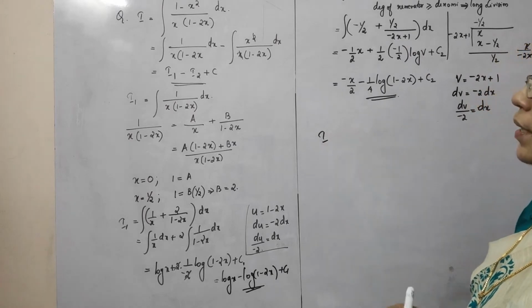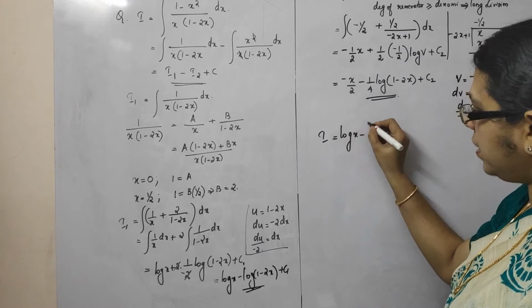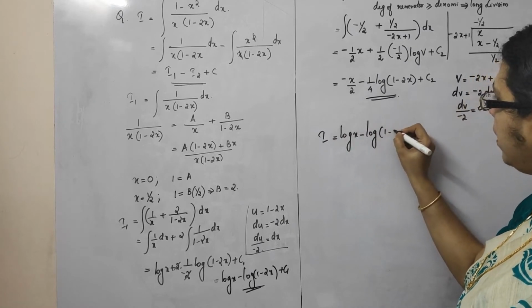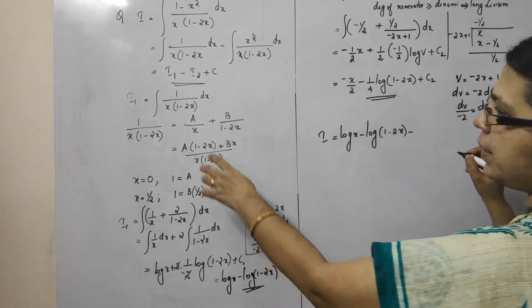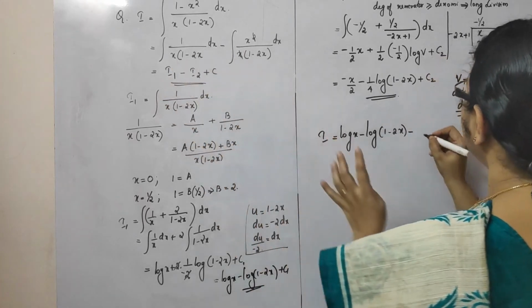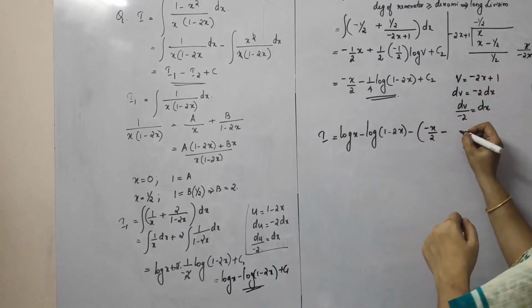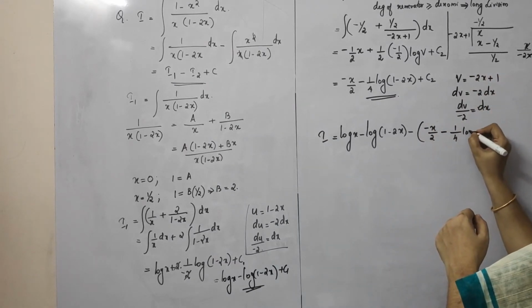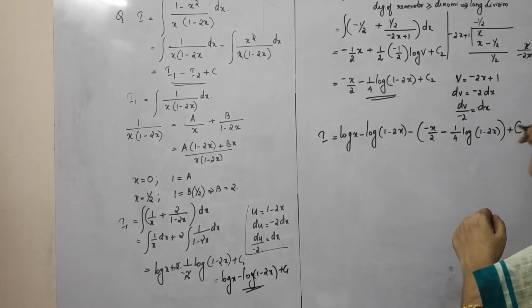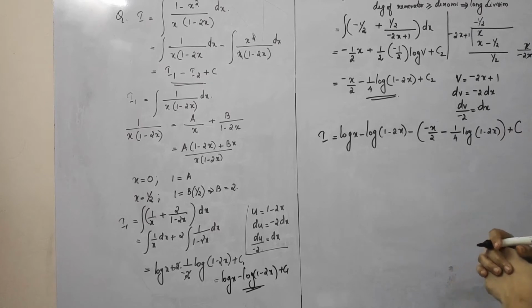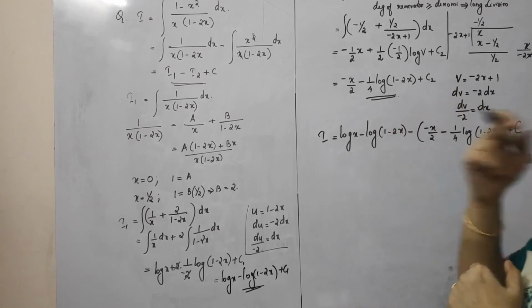So what is I? I is equal to log x minus log of 1 minus 2x minus, here it is minus over here. So minus of negative x by 2 minus 1 by 4 log of 1 minus 2x plus c, where c is going to be c1 minus c2, because it is minus here.